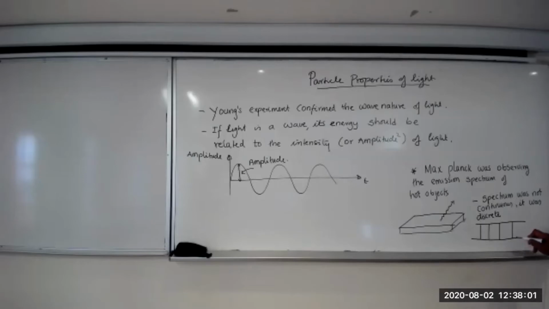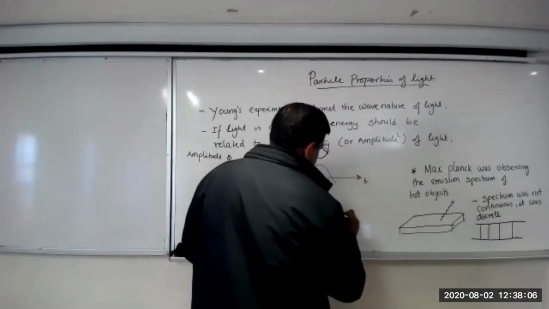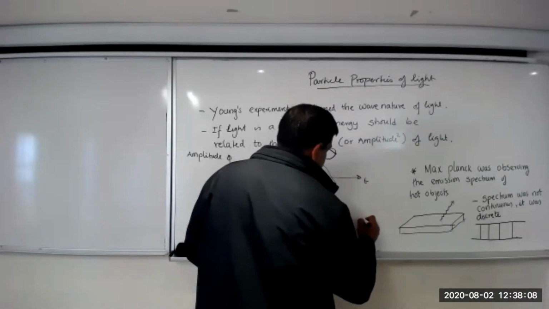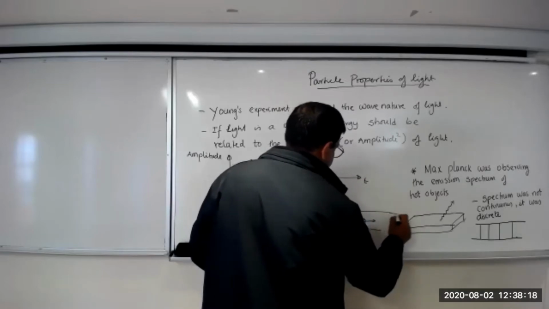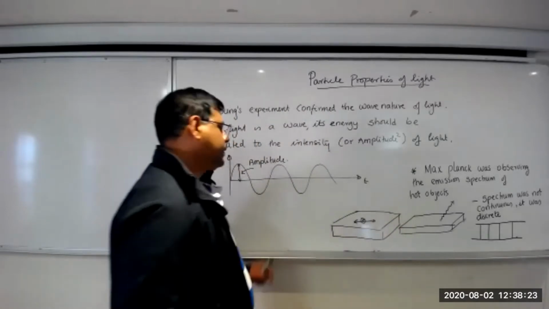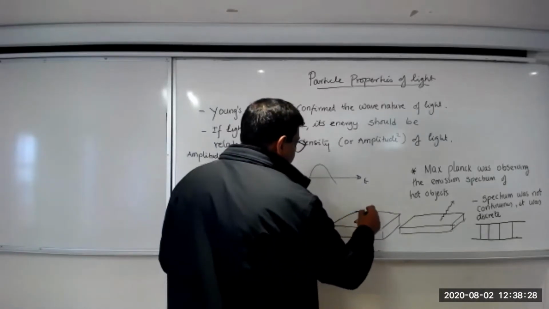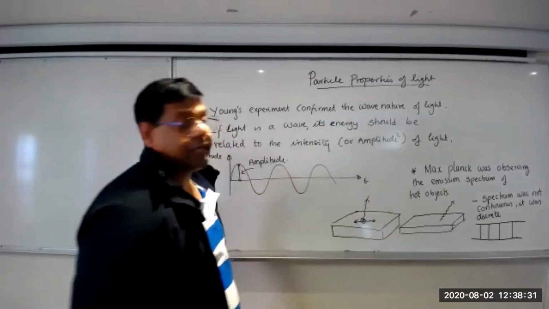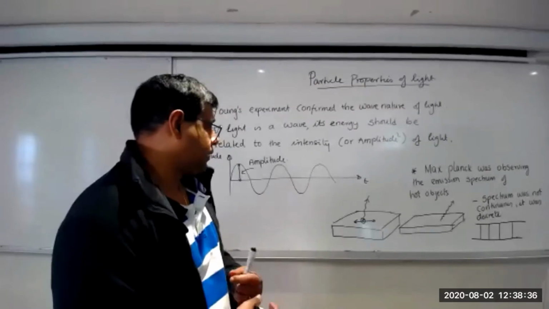But he came up with the idea that when you heat up the material, the electrons inside start to oscillate, to vibrate. The electron has to lose some energy when it gives off light.